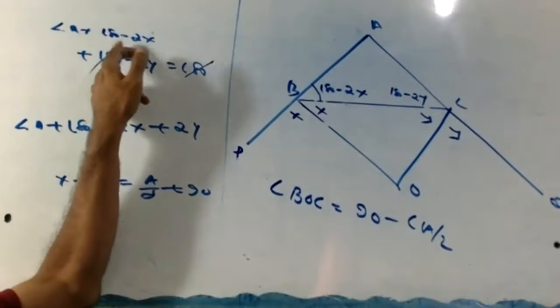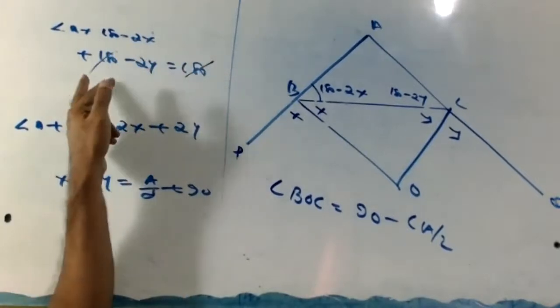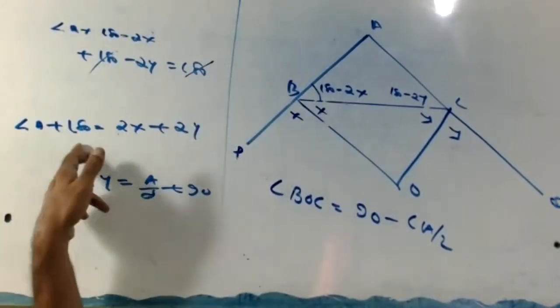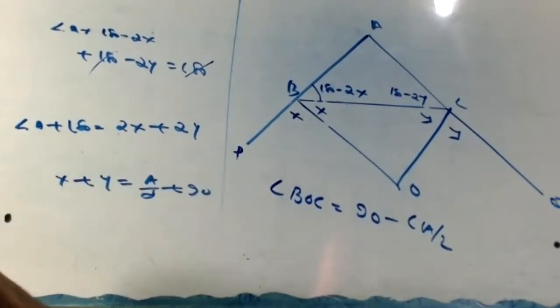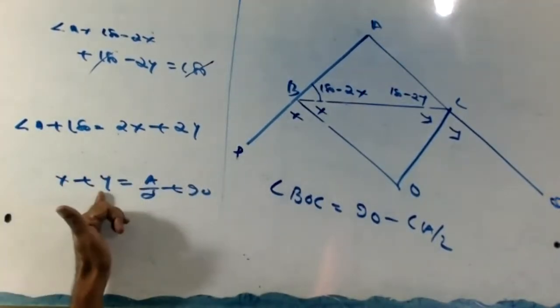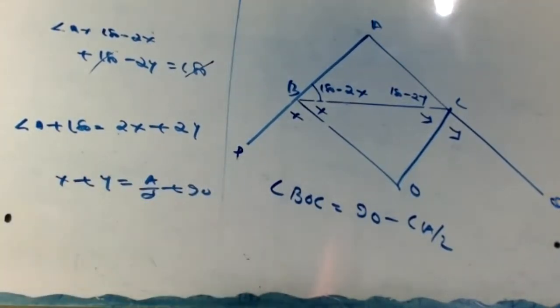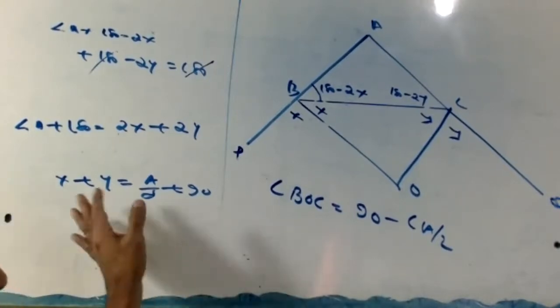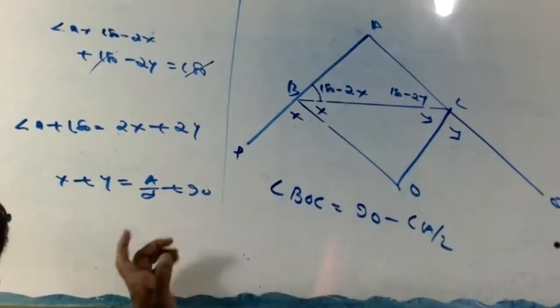So A plus 180 minus 2x plus 180 minus 2y equal to 180. 180 cancels. A plus 180 equal to 2x plus 2y. X plus y equal to A by 2 plus 90. Clear now? So you reached here, right?